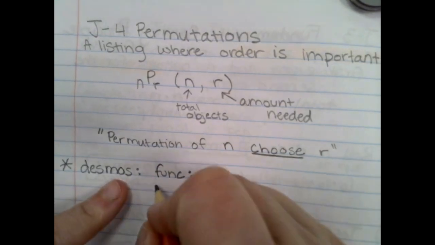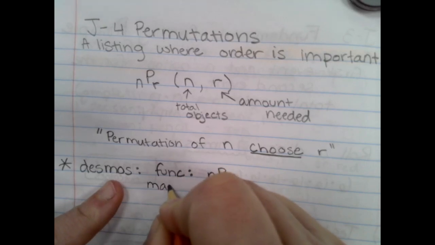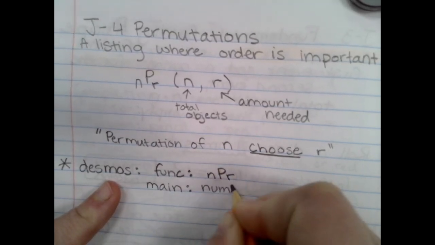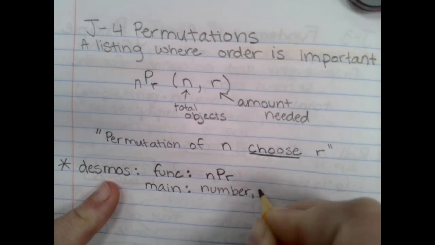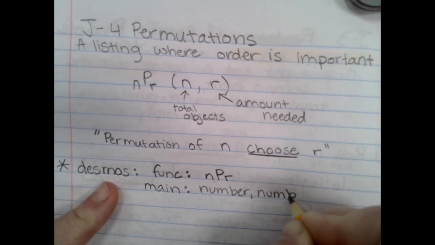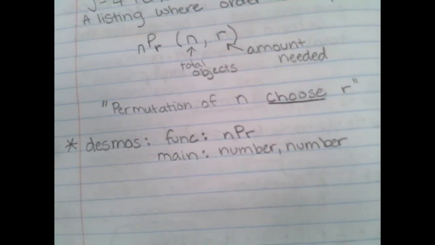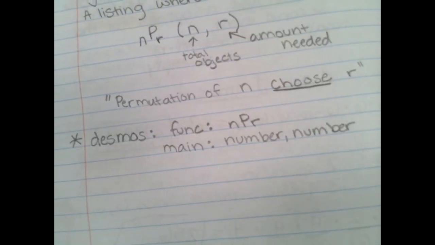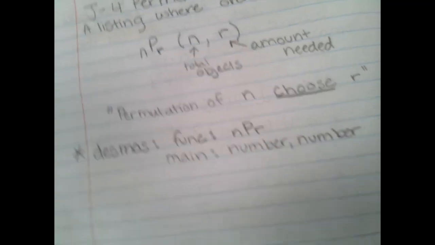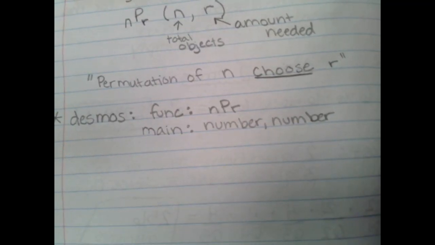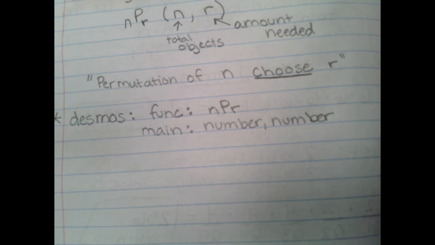Then we go back to the main menu and type number, comma, number. This looks really silly until we actually do one, but this is how you type it into Desmos. That's going to be a really important part. The first question on your quick check today is literally just typing it in and seeing if you can figure it out in Desmos.